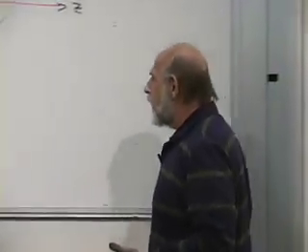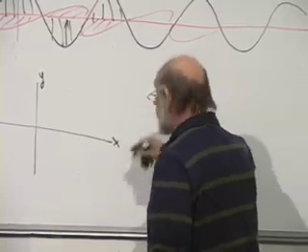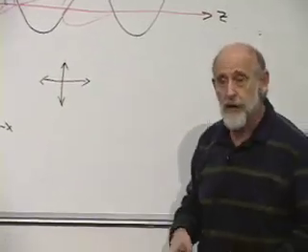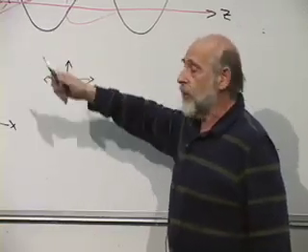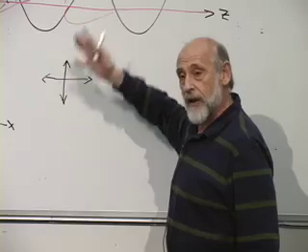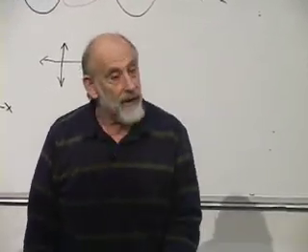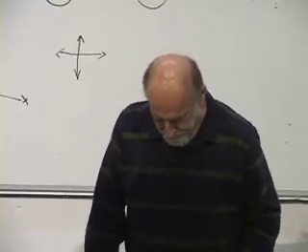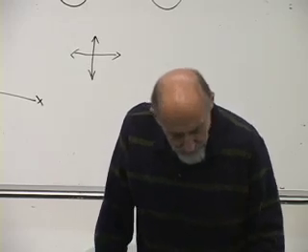Or the wave can be polarized along the x-axis, or along any axis. The definition of the polarization is the plane or direction of the electric field oscillations. That's arbitrary. You could have defined it to be the magnetic field oscillations, but that's how it's defined.